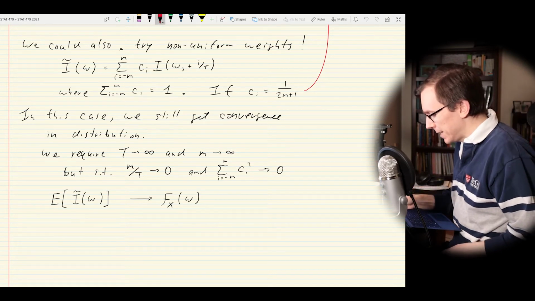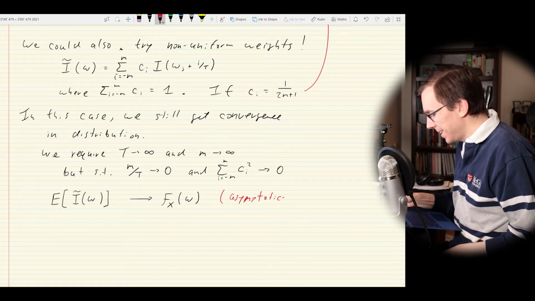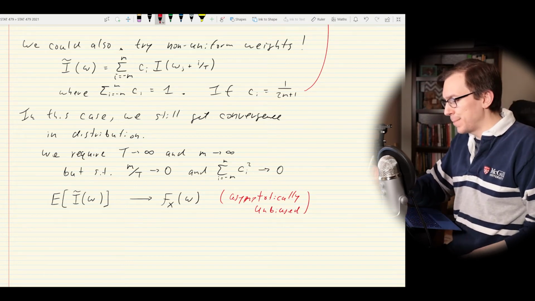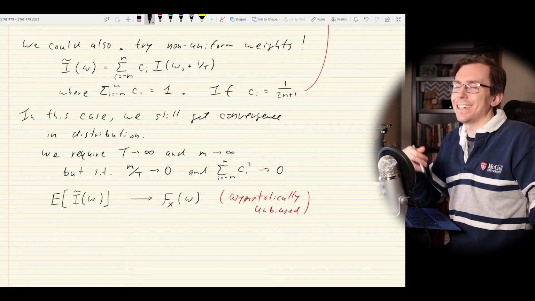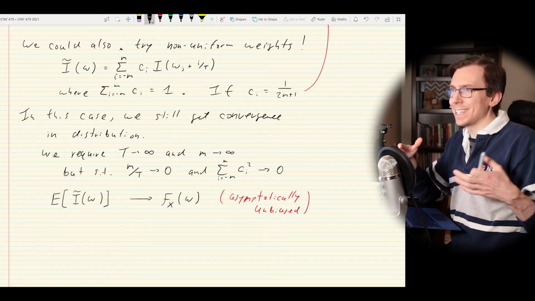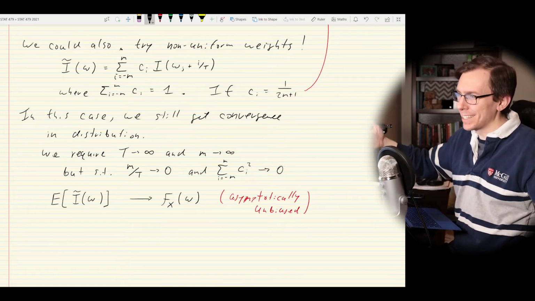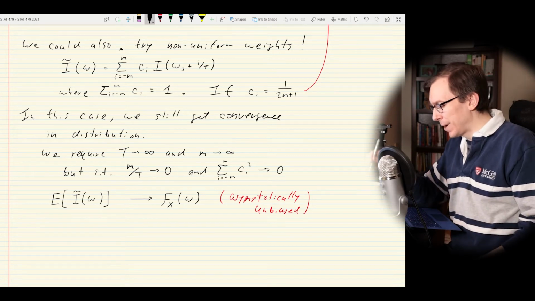What this means is that we have an asymptotically unbiased estimator. And that's nice, because if we want to do things like confidence intervals, at least asymptotically, we'd like things to be unbiased.